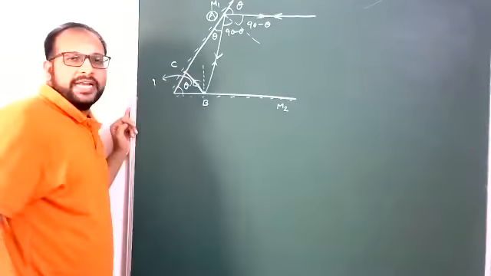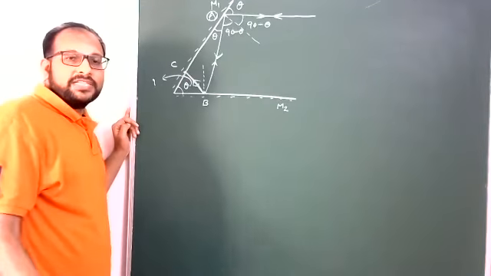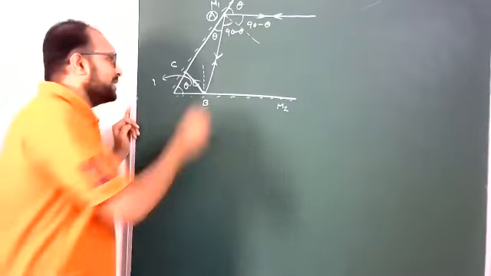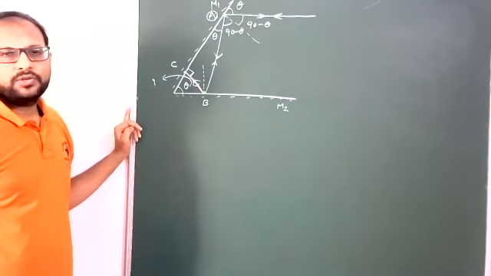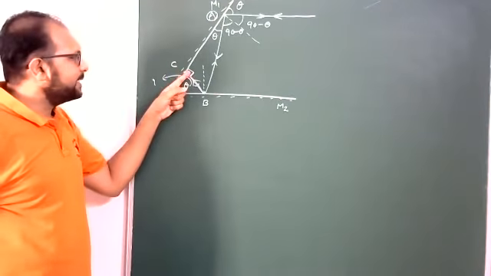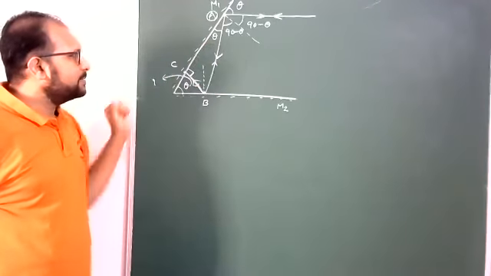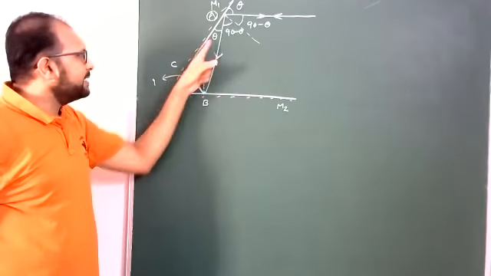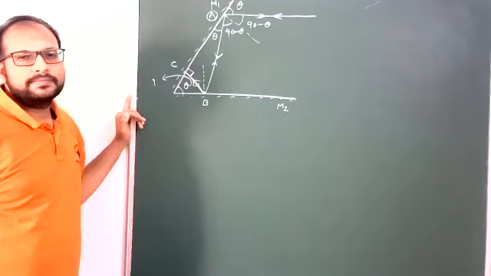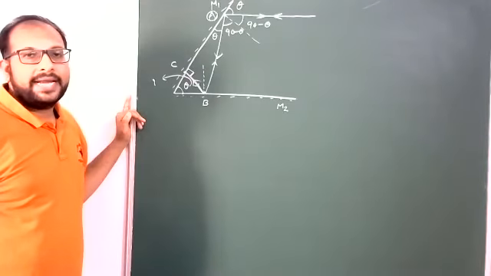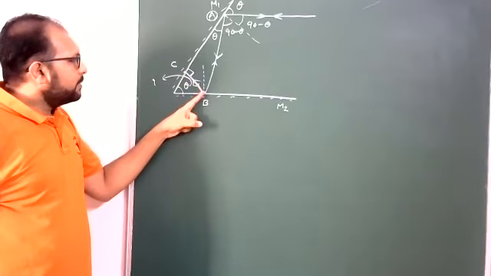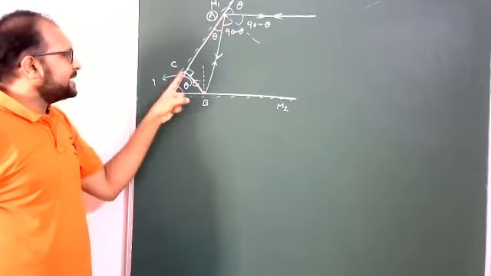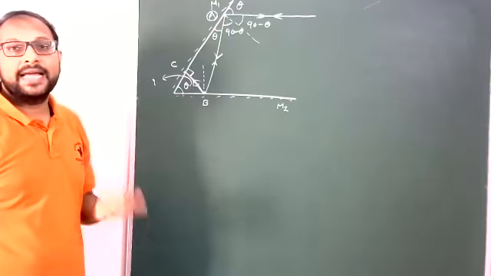The third reflection is exactly along the normal. Means this is 90. Students, carefully observe. This is 90. This is theta, 90, this is theta. 90 plus theta over. But now ABC is a right angle triangle.